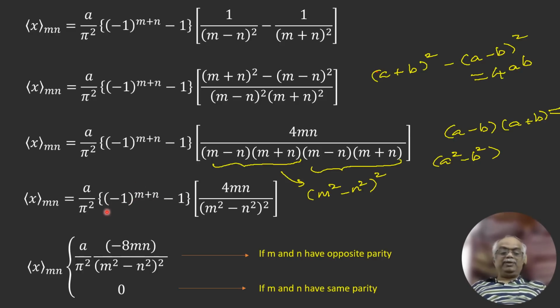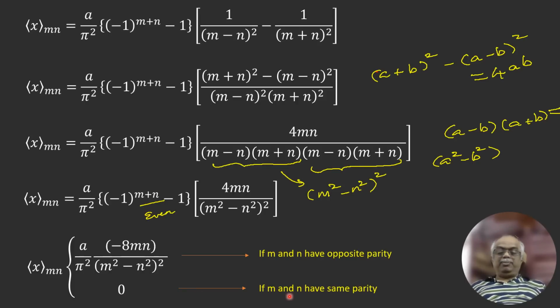If m plus n is even, then it will be 0. When will it be even? When both m and n are odd parity, or both m and n are even parity. Both are even numbers or both are odd numbers. If you add two odd numbers, you will get an even number. So if both are even or both are odd, you will get plus 1. So the result will be 0.